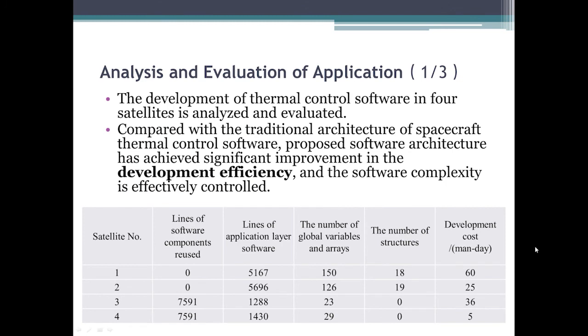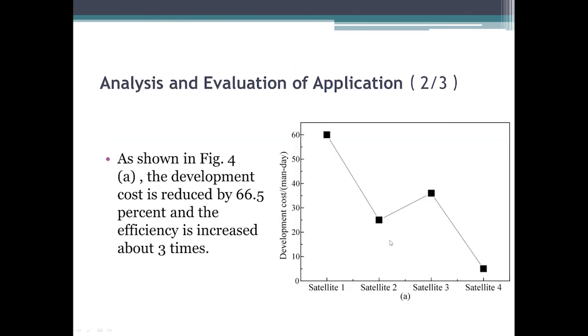The development of thermal control software in 4 satellites is analyzed and evaluated, and compared with the traditional architecture of spacecraft thermal control software. The proposed software architecture has achieved significant improvement in the development efficiency and the software complexity. And the software complexity is effectively controlled.